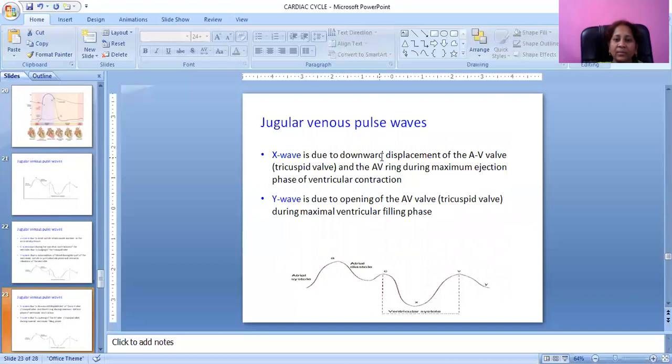X wave is due to downward displacement of AV valve, that is tricuspid valve, and the AV ring during maximum ejection phase of ventricular contraction. Y wave is due to opening of AV valve, again tricuspid valve, during maximal ventricular filling.